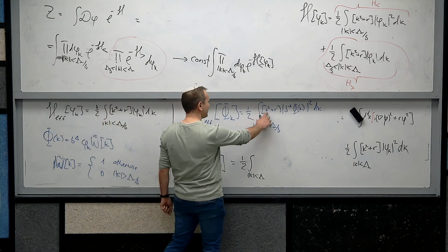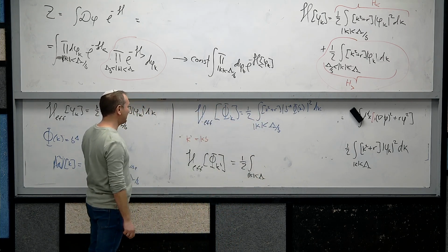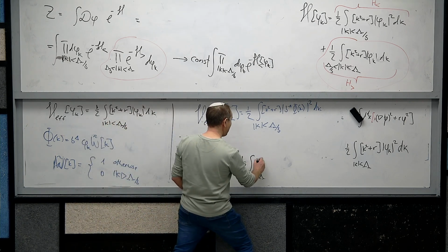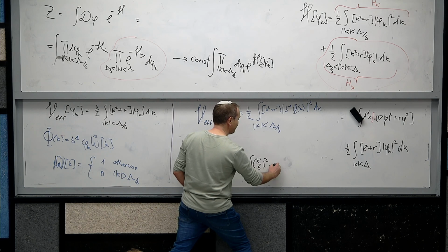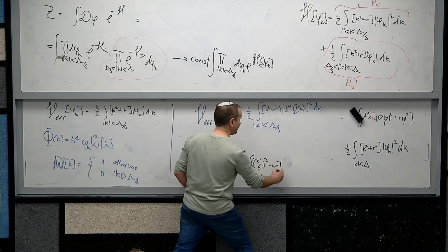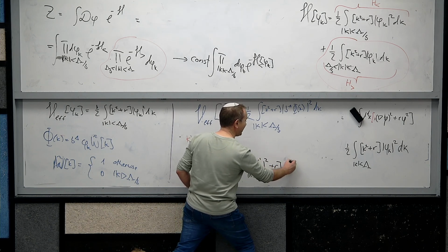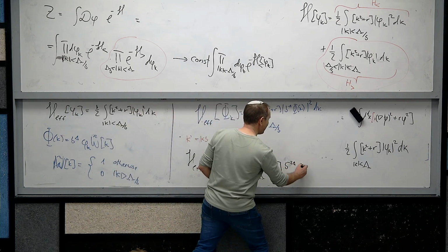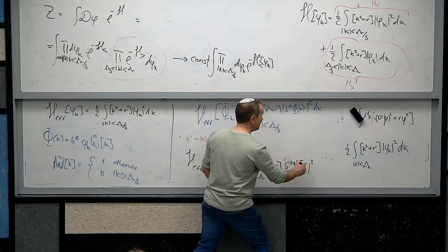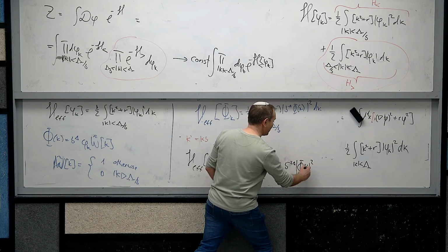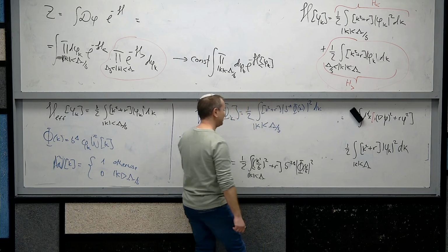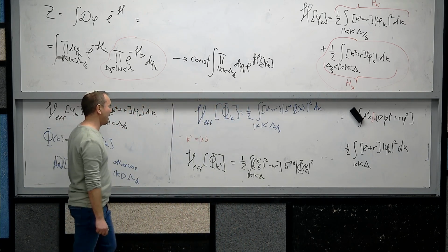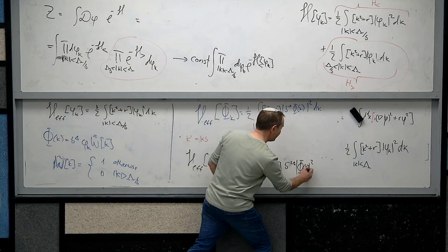What happens here? Instead of k squared, I have k prime divided by b squared plus r. Here I have b to the power minus 2 delta. Here I have phi absolute value squared, but not of k, but of k prime divided by b, because instead of k, I have k prime divided by b.